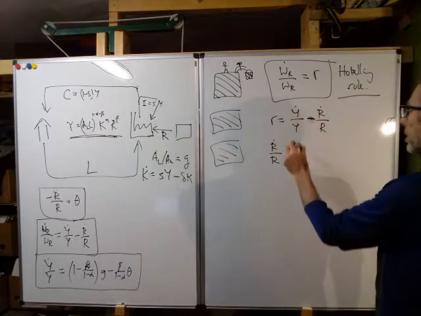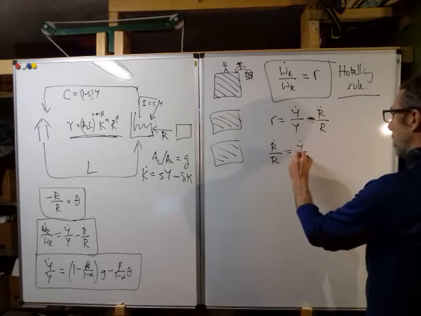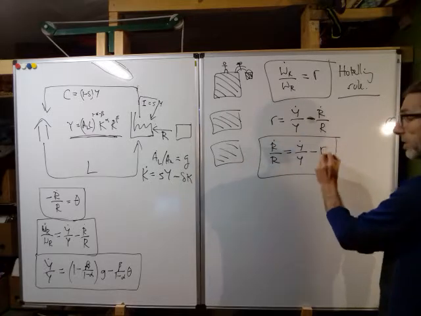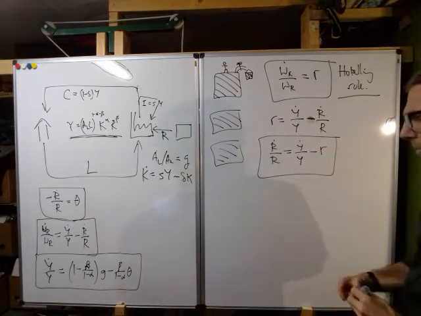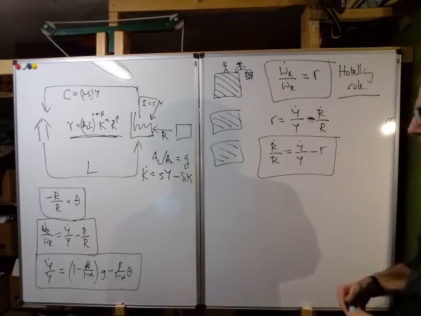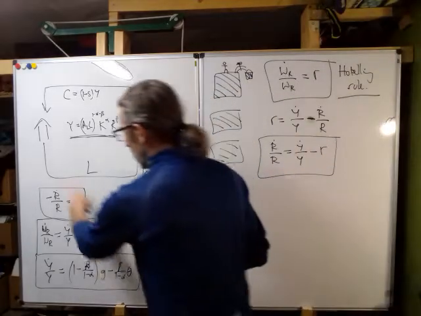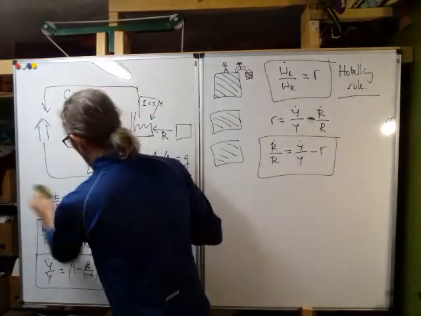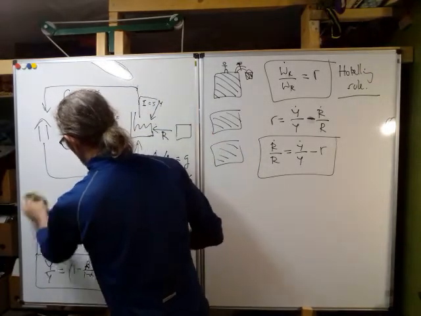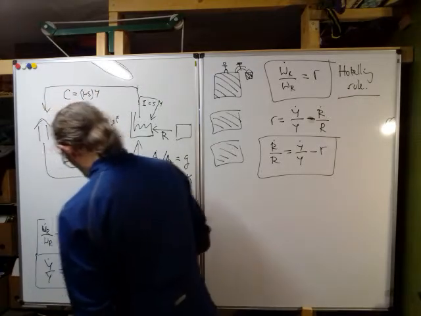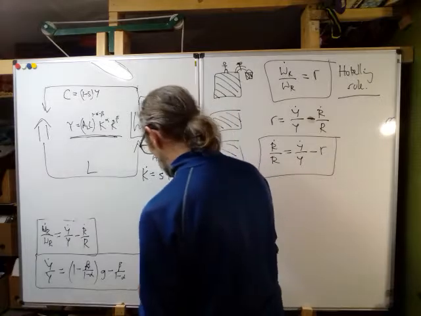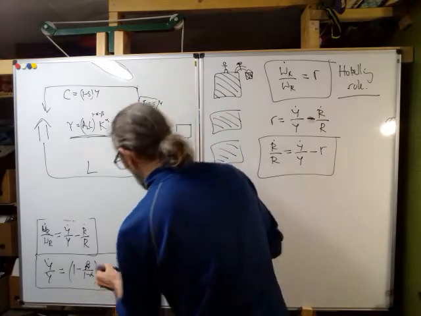R dot over r is y dot over y minus little r. And yeah, we wiped that theta, because we're now saying r dot over r is unknown.